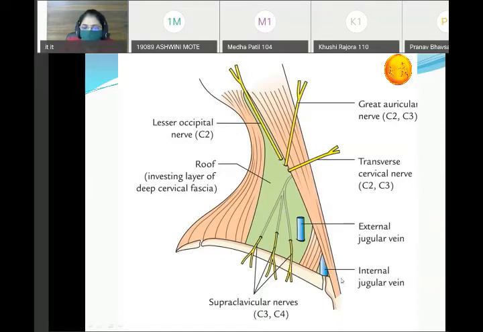The medial branch will supply the skin over the manubrium region, the lateral supraclavicular nerves will supply the skin over the upper part of the deltoid, and the middle supraclavicular nerve supplies the skin over the first intercostal space up to the second rib. Sometimes this nerve pierces the clavicle. That is one of the peculiarities.